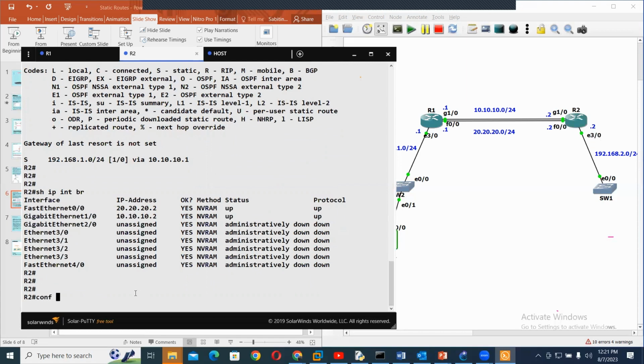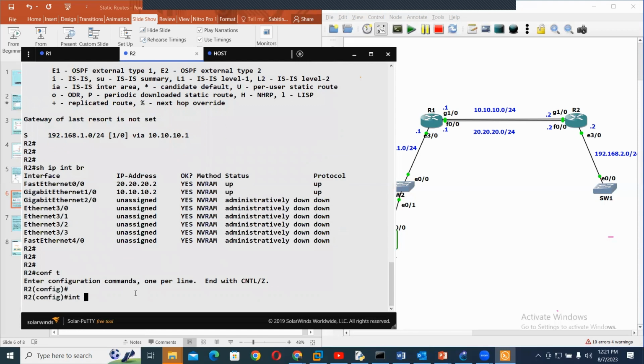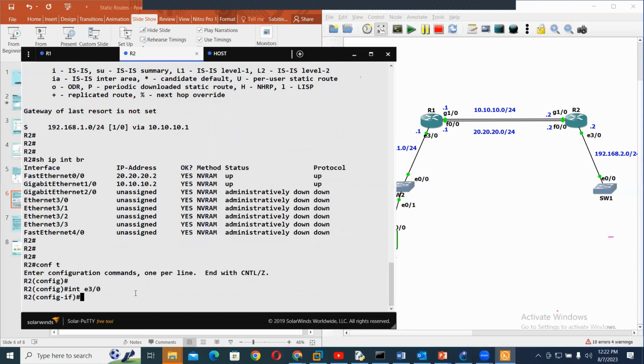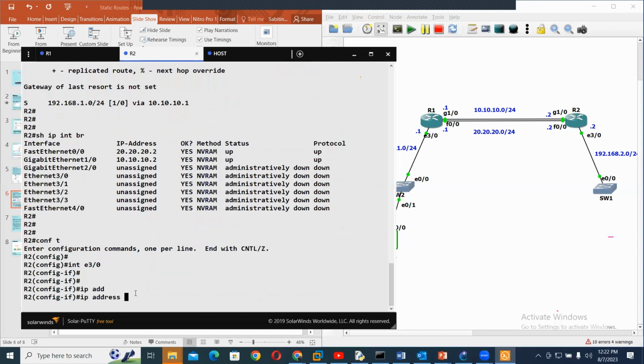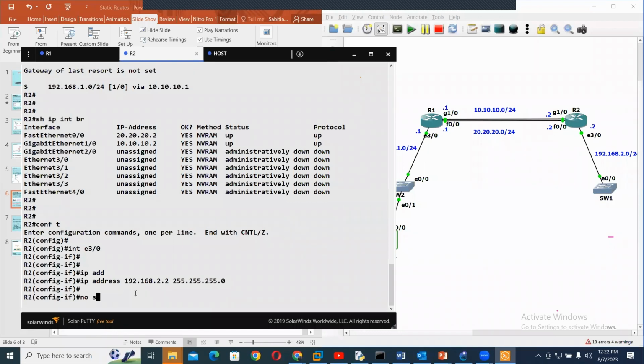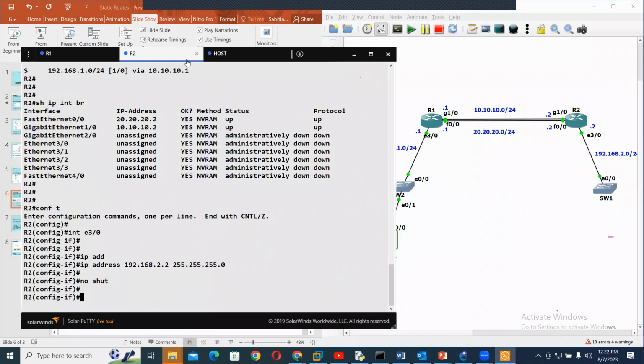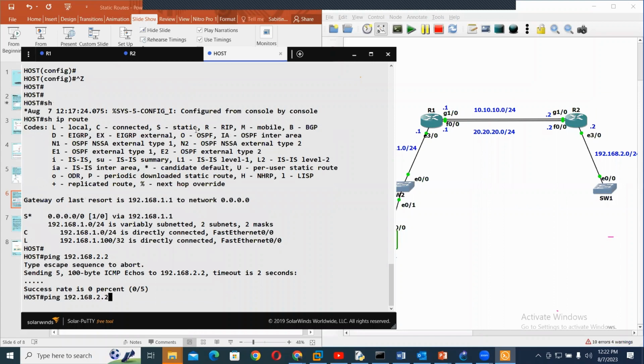So config interface E3/0, IP address 192.168.2.2 255.255.255.0. No shut. Okay. Let's try to ping again.